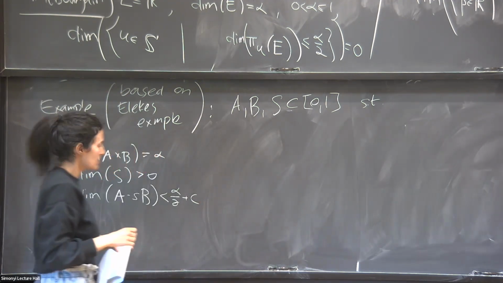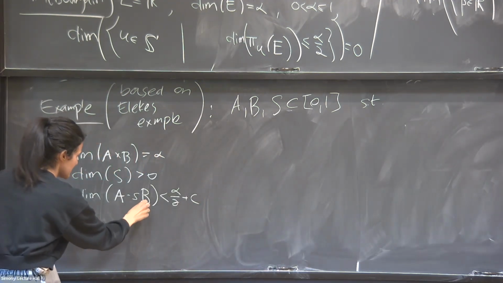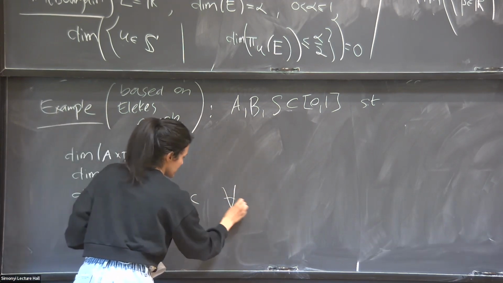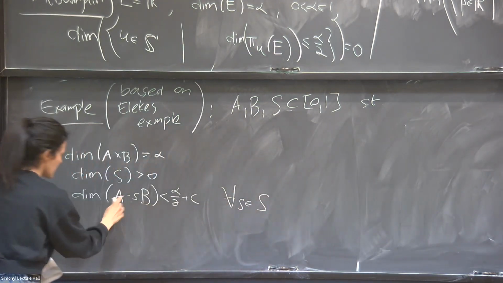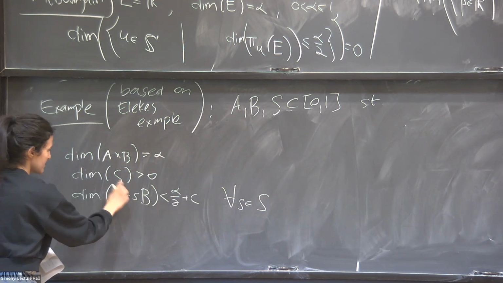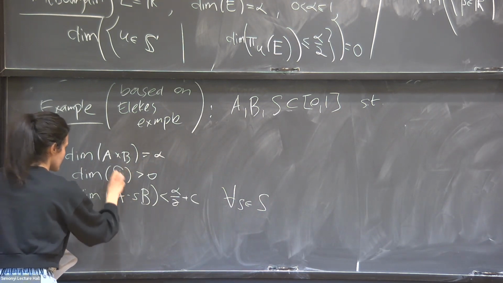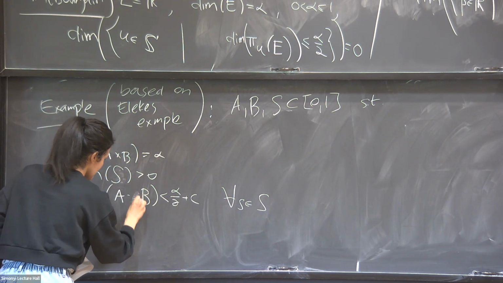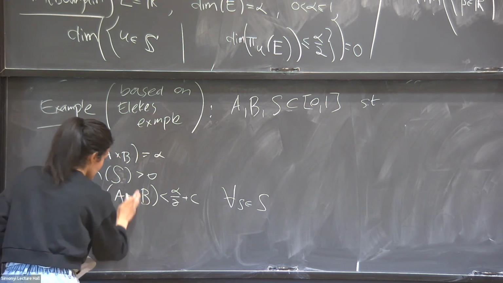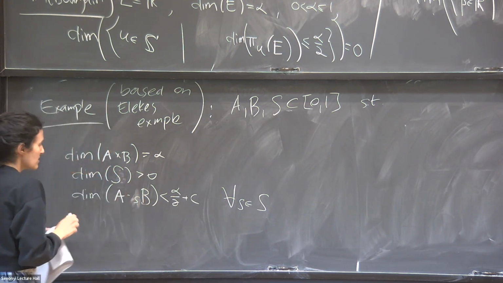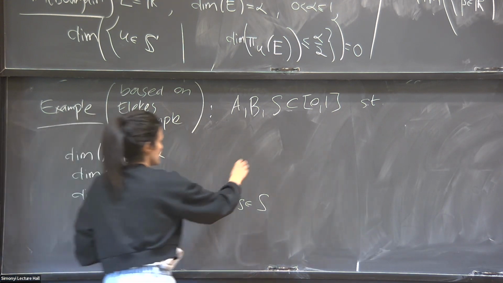A minus s times B, where s is, so for every s, A minus, now it's little s. Okay. So existence.